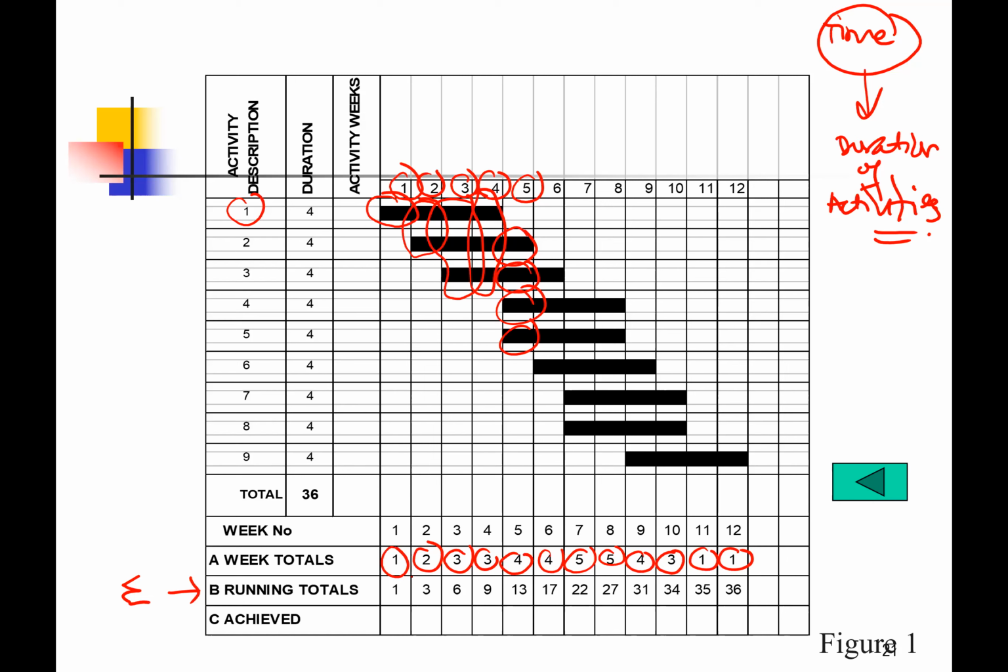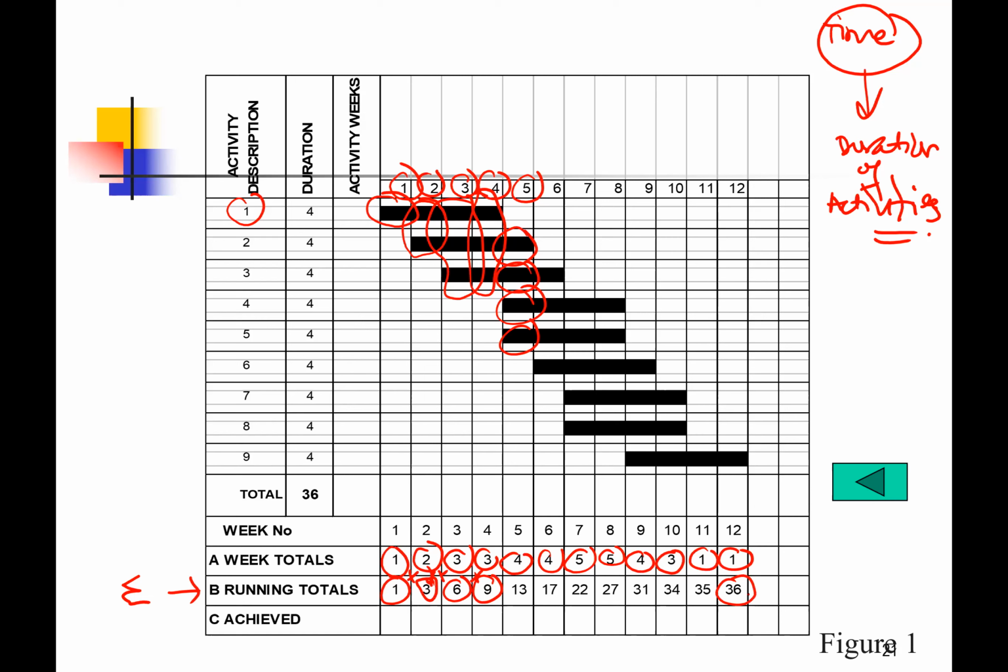So at the end of the first week, in terms of project duration, it is 1. At the end of the second week, 1 plus 2 equals 3. 3 plus 3 will be 6. 6 plus 3 equals 9. And you will get 36.